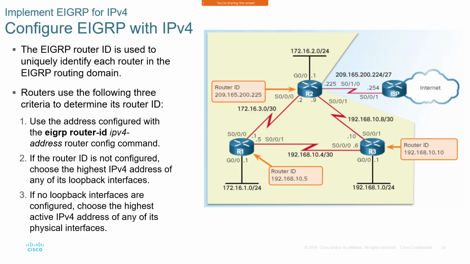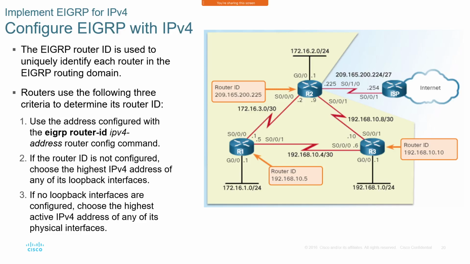Once we enable EIGRP with the command router EIGRP, and then we specify the autonomous system number, once they are in the same autonomous system number, we need to make sure we find a way to differentiate the routers. So we have different routers. There has to be a way we can identify which router is which router.